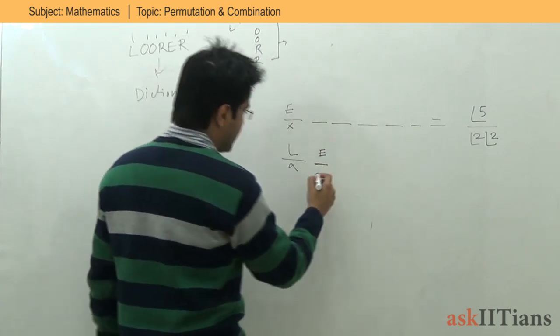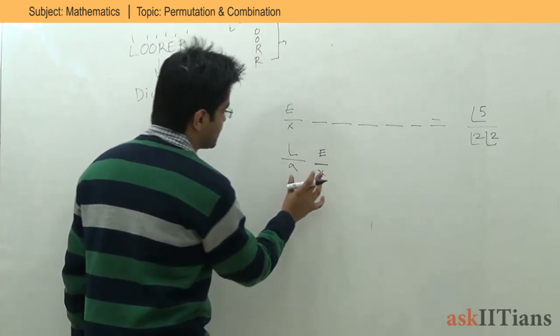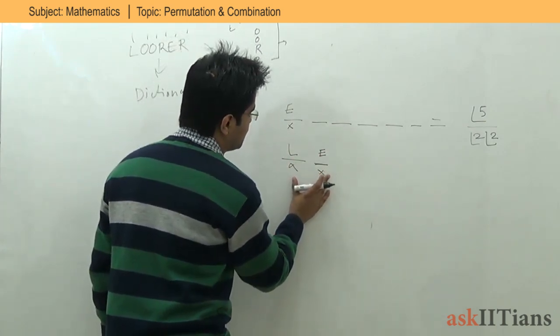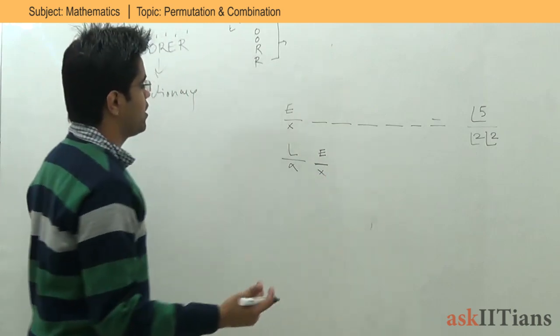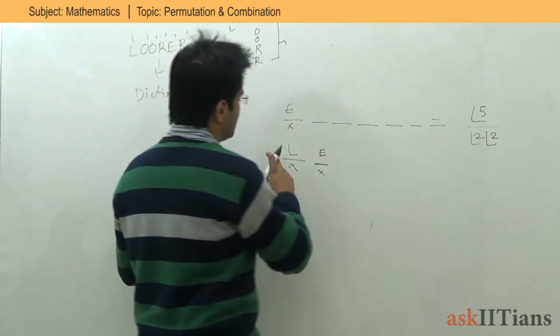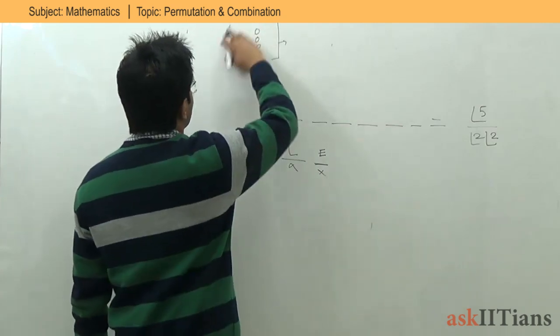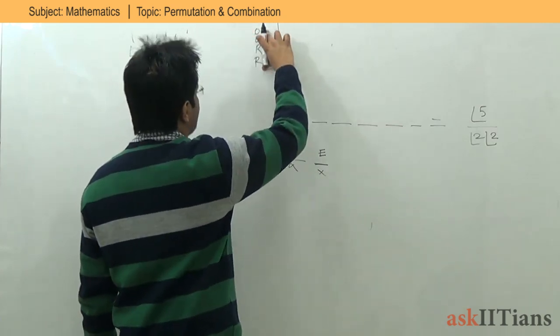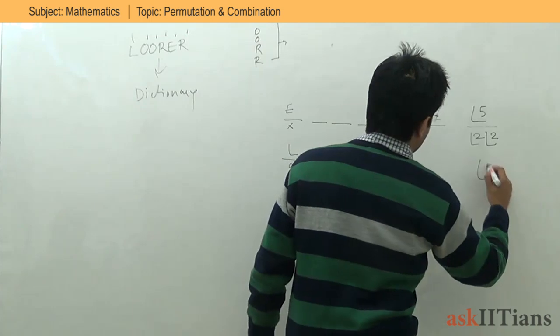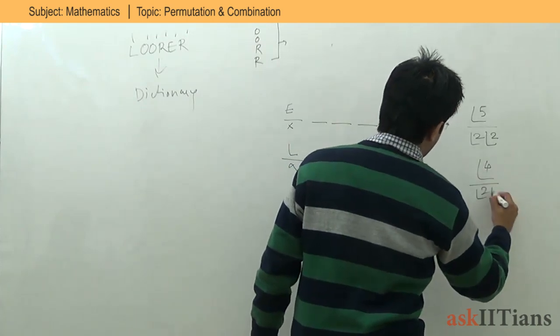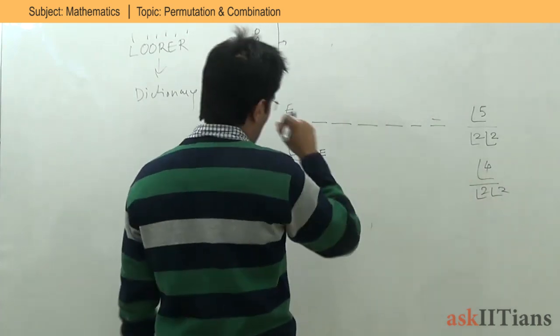Now E is again fixed, but this is not the start of the word that we desire, so we again need to find out how many words there are with L and E. If L and E are fixed, then the number of words will be factorial 4 upon factorial 2 for the 2 R's and 2 O's.